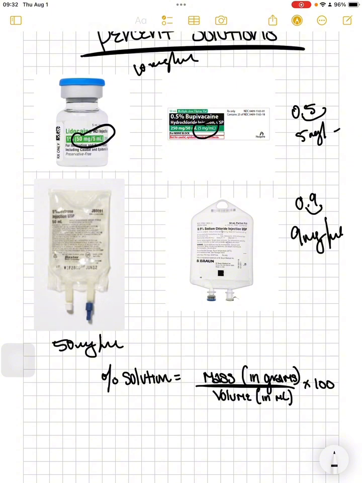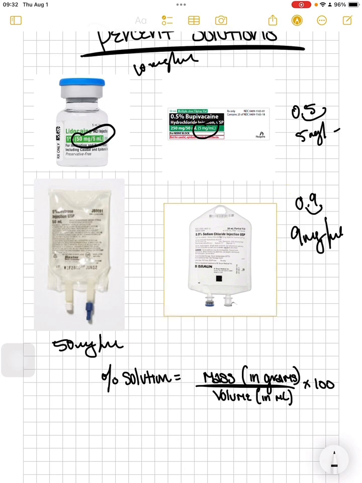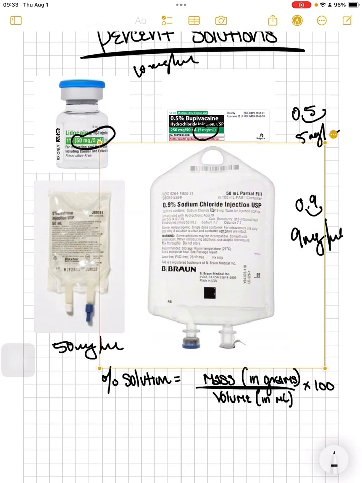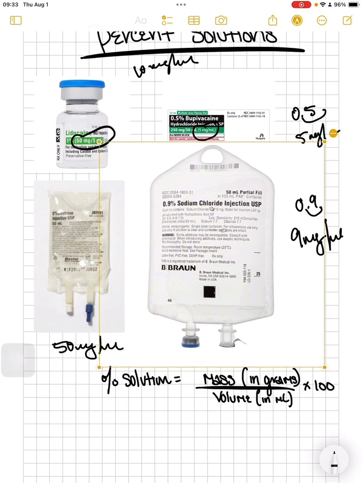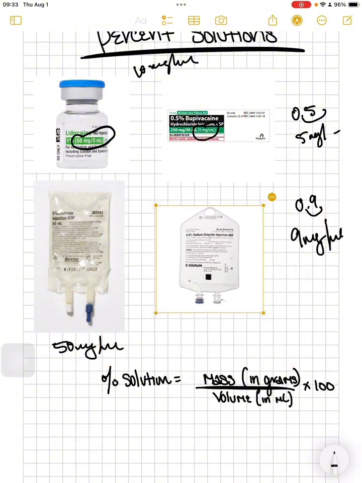These bags will also have it. You can kind of see each mil contains sodium chloride 9 milligrams. But if you can't find it on the bag and you just need a quick way to do it very fast, just move the decimal place forward.